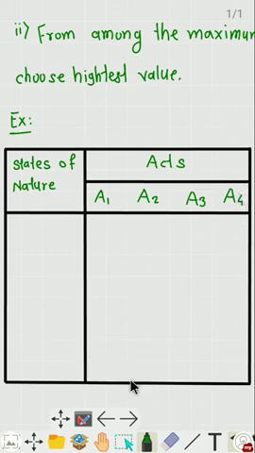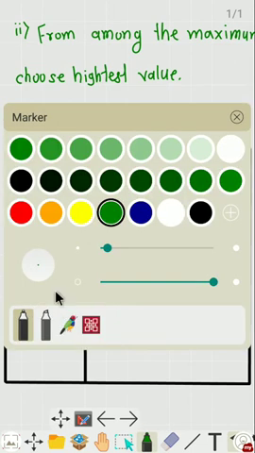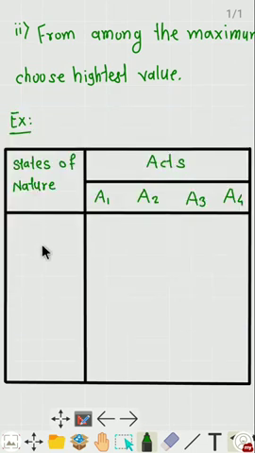And there are three states of nature: first is S1, then S2, and then S3.